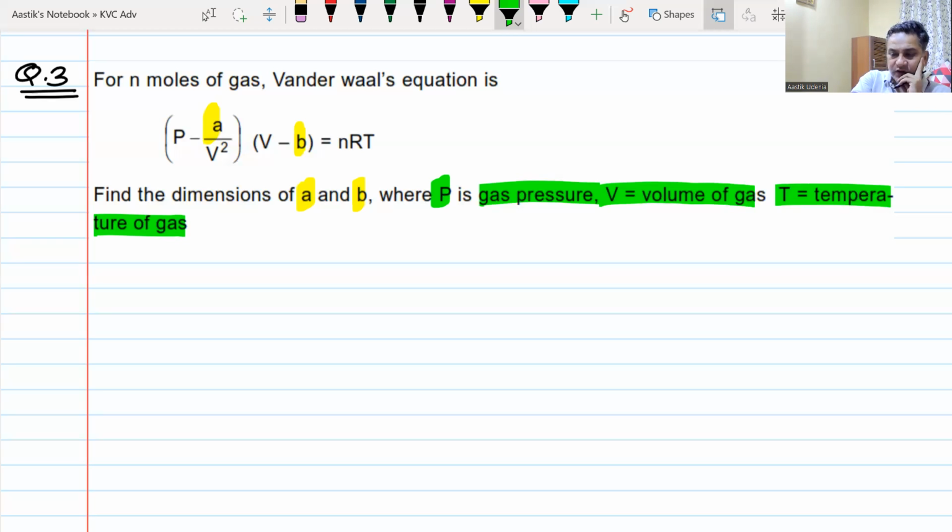What are the dimensions of A and B? I'll give you 1 more minute. Yes, Karthik got the answer. Tell me the dimensions of A and B.